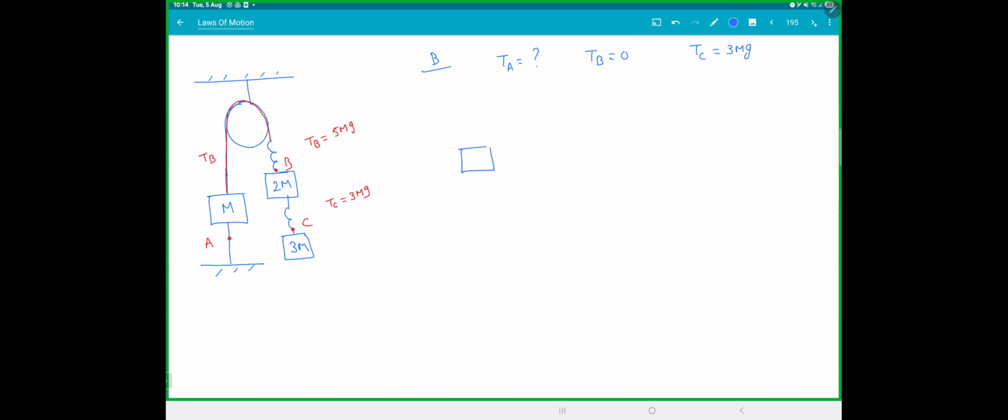If you take block M, TB becomes 0. So there's no one pulling you up. The weight mg is pushing you down. The moment you push it down, the string becomes loose. TA becomes 0 instantaneously. Strings cannot push.